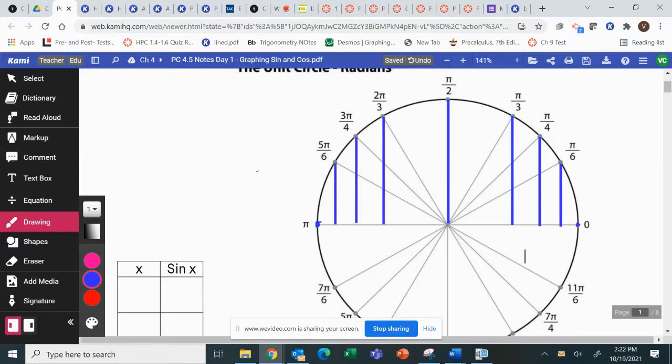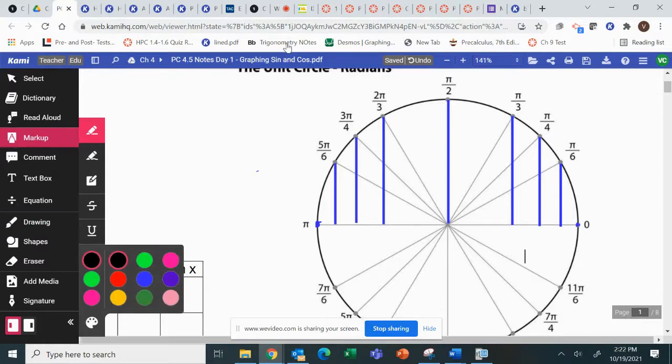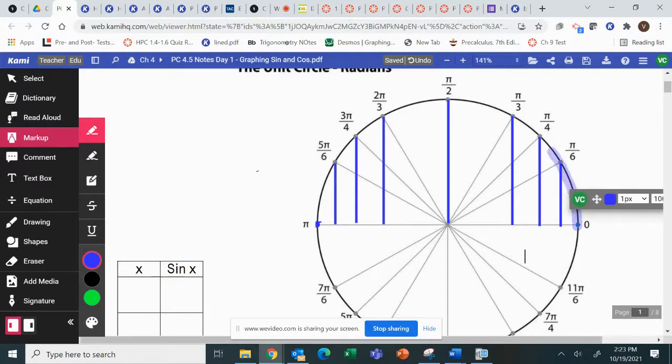But look at the very top edge of where each of these y values hit. I'm not going to be able to make it look nice, but if I connected all of these, they would make a nice, beautiful, smooth curve.